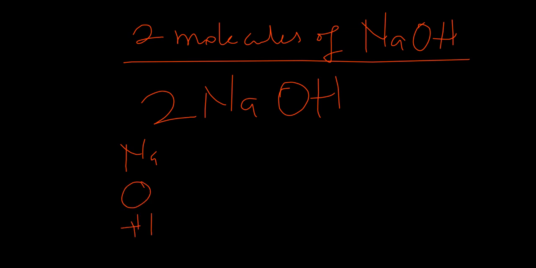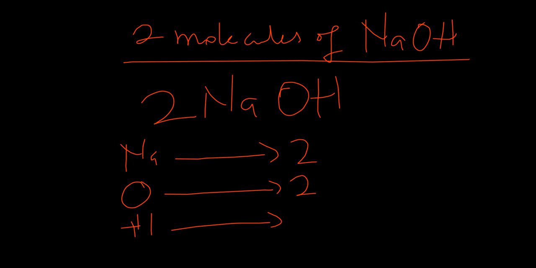Then how many atoms do we have in this compound? Remember, the coefficient 2 is multiplying the sodium 1. So that means that we have 2 sodiums. Oxygen is 1 in the sodium hydroxide, so times the coefficient of 2 will give us 2 oxygen.